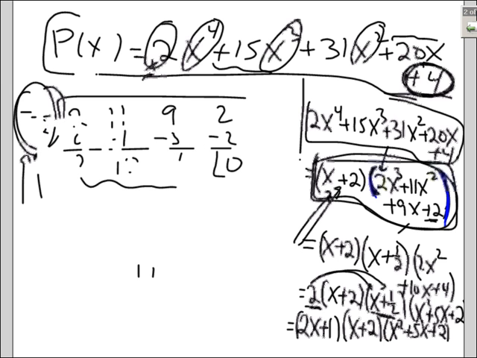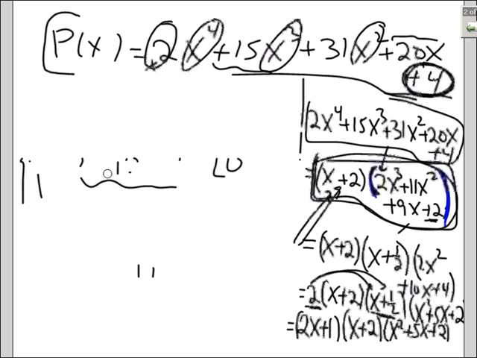Okay, so far we know from Descartes' rule that P of x has either 4, 2, or 0 negative real zeros. Well, we know it doesn't have 0 because we already found 2 of them.